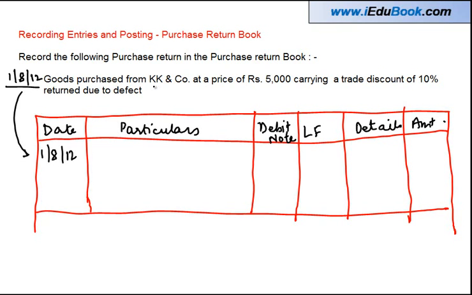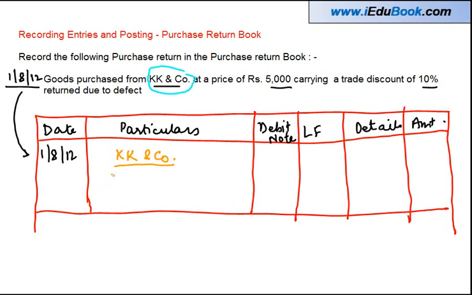Goods purchased from KK and Company at a price of 5,000, carrying a trade discount of 10%, returned due to defect. So the way you write this is, first you pick up the name of the supplier and put it down, KK and Company, right?